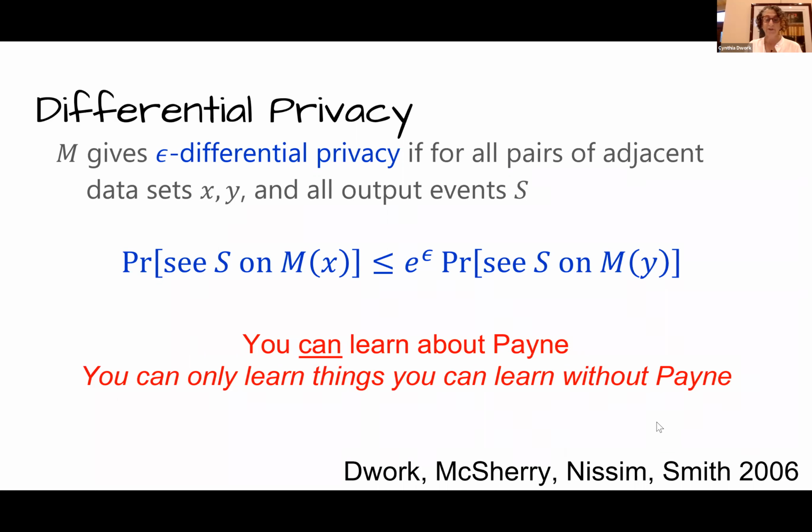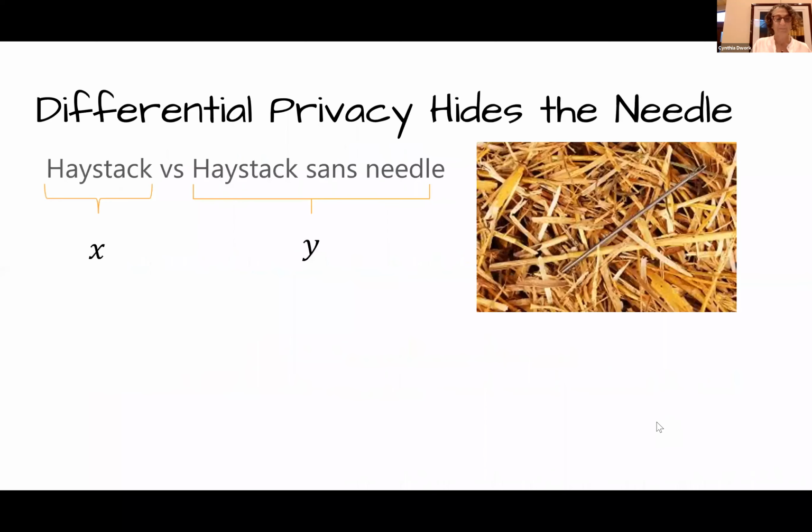So what this says is you can learn things about pain, but you can only learn things that you could have learned without pain. So this is what we chose to be a sufficient privacy definition.